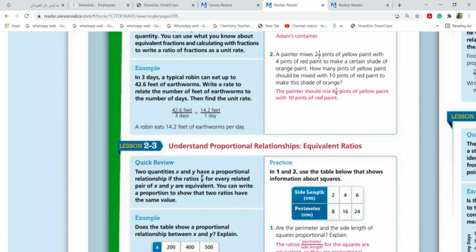If they give you some other value, there are many ways, as I told you. If you don't want to do the unit one, you can directly do it. Like for the side length 2, you have 8. So for the side length 12, how much? Or you can just take the proportionality and multiply. It's up to you. Okay, girls, did you understand this? Next.